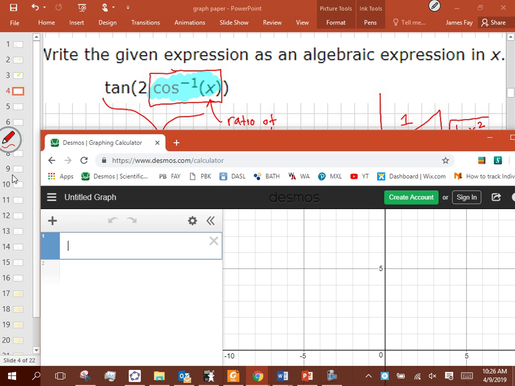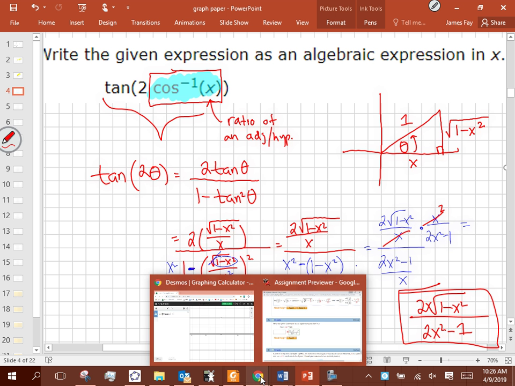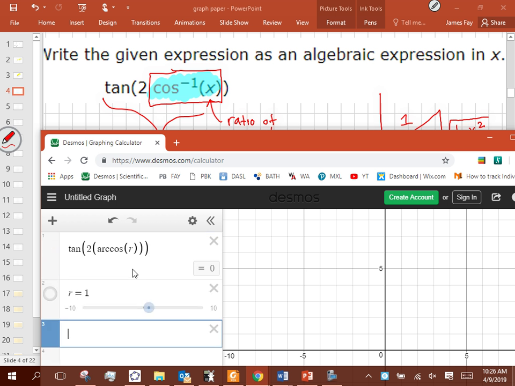So I'm going to go tangent of 2, and then cosine inverse of just some variable here, r. Doesn't really matter. It can be r, s, t, whatever you want to use. Anything, but don't use x, because it's not going to allow you to create a slider then with x.